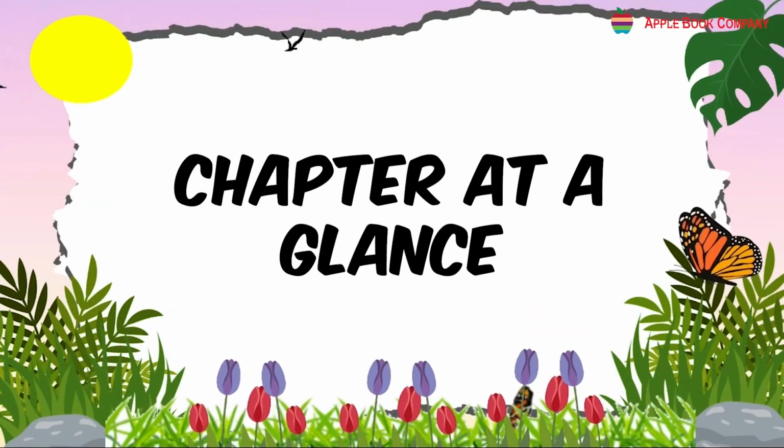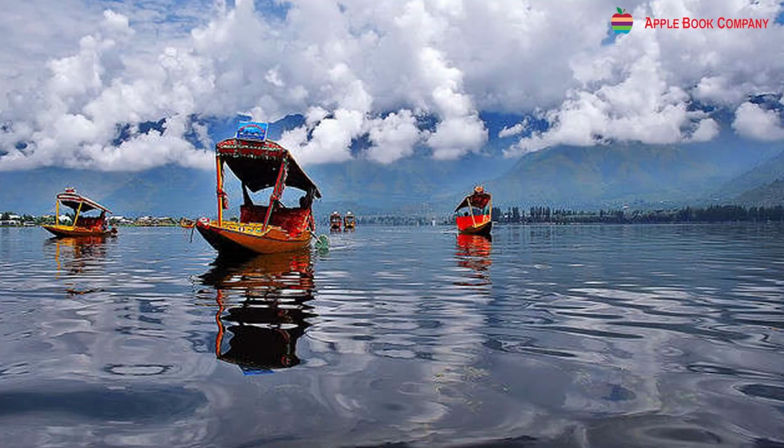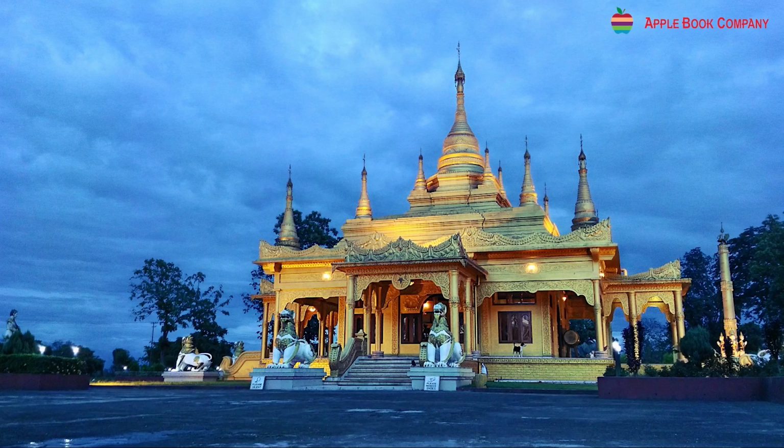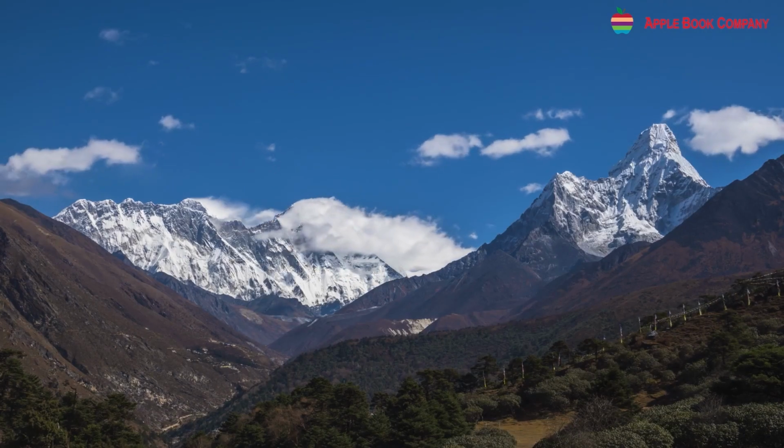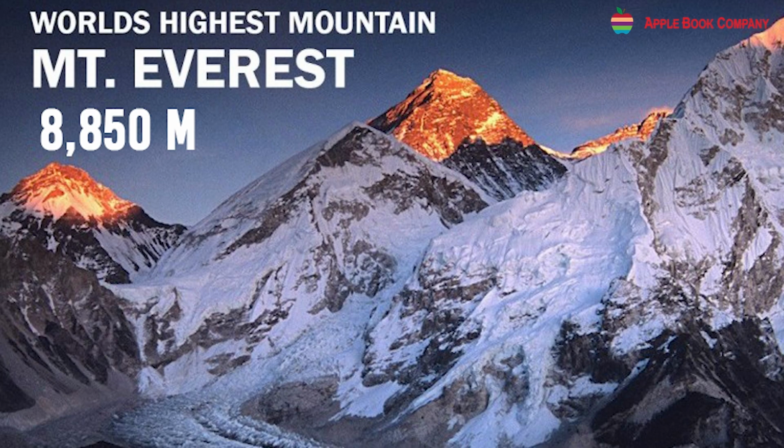Chapter at a glance. The northern mountains, the Himalayas, stretch from Jammu and Kashmir to Arunachal Pradesh. The Himalayas are divided into three ranges: the Himadri range, the Himachal range, and the Shivalik range. The highest peak in the world, Mount Everest, lies in the Himalayas.